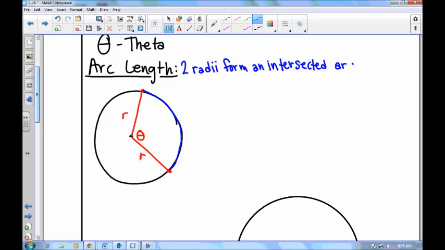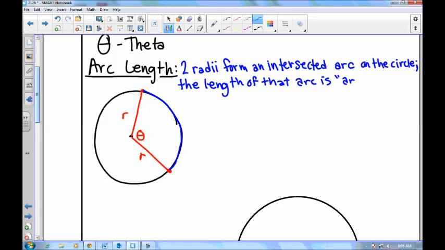Two radii form an intersected arc on the circle. And the length of that arc is called arc length.